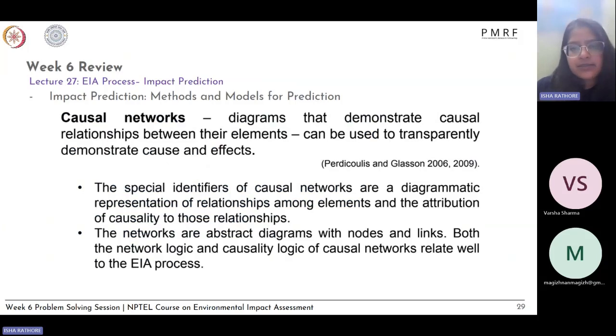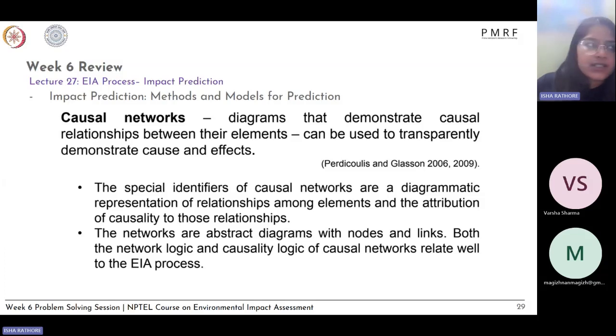Then these are again some other methods and models which we discussed in lecture 27. So causal networks are diagrams that demonstrate the causal relation between their elements and can be used to transparently demonstrate cause and effect. The special identifiers of the causal networks are a diagrammatic representation of relationships between the different elements and the attribution of causality to those relationships.